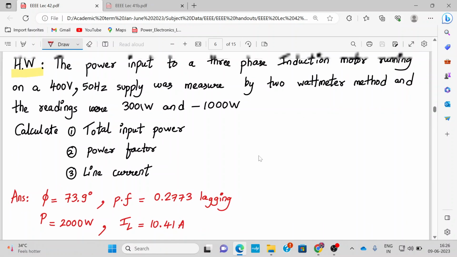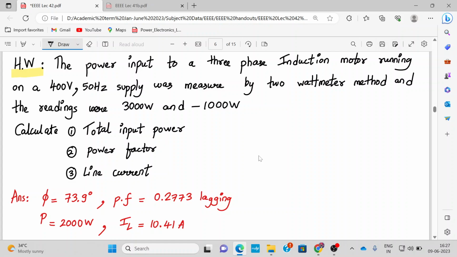Here I've given you the answers. Power factor is 0.2773, and total input power will be around 2000. That will be very straightforward. 3000 plus minus 1000, that will be 2000. And the line current we can calculate by the similar procedure.